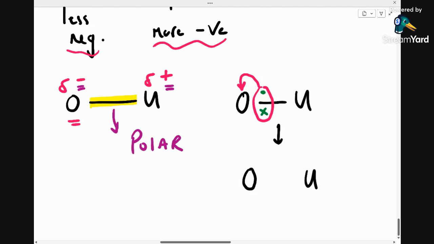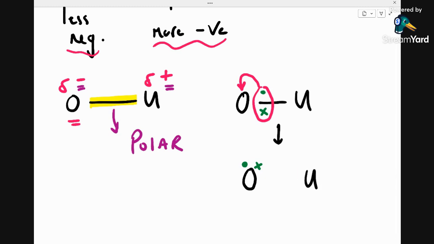They're no longer overlapping their atomic orbitals. They're no longer sharing a pair of electrons because oxygen has ripped hydrogen's electron completely from the covalent bond, essentially. So now we've got oxygen's original electron here as a dot, but it's now gained the cross. It's gained hydrogen's electron that did exist over here on the hydrogen.